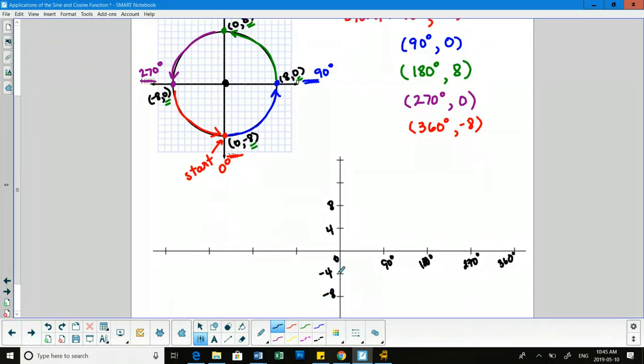And now we started at (0, -8). Then we went up to (90, 0). It was (180, 8), (270, 0), and (360, -8). So this is actually what our new graph looks like here. So there's our graph. That's one cycle only.